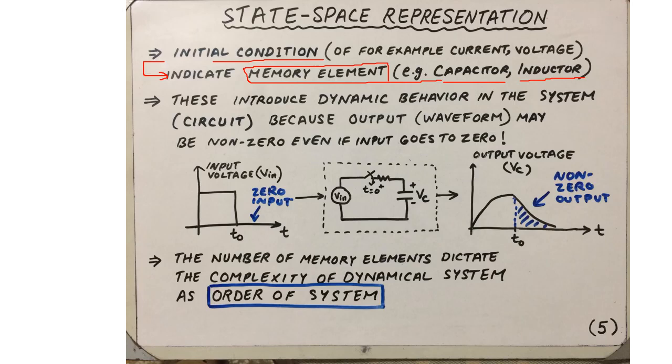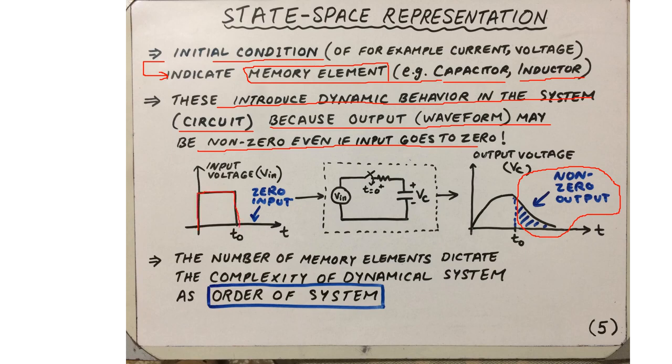Anyway, with the introduction of dynamical behavior in the system, and the system in our example is a circuit, the output of the system has some kind of inertia, so that even if the input goes to zero, the output remains non-zero. So here is the output of a system, the circuit that we discussed last time. Input is a pulse of short duration.